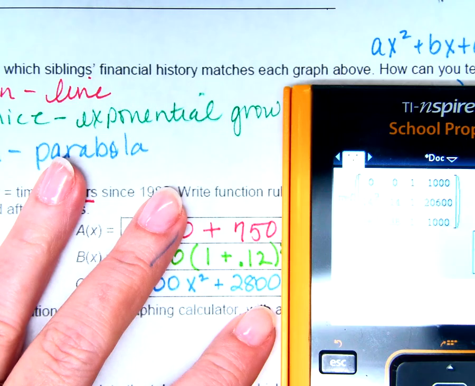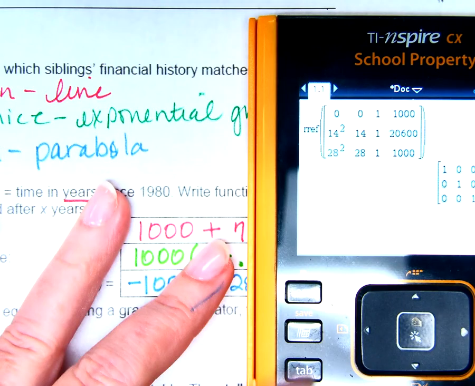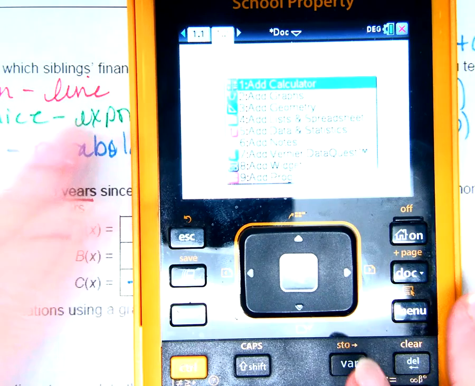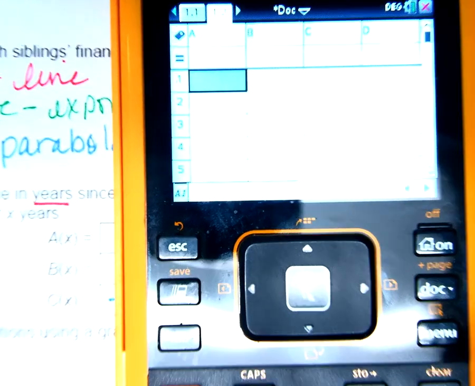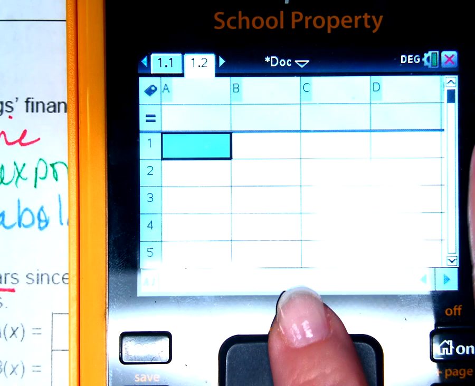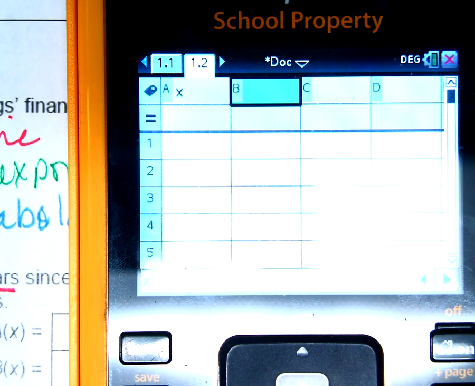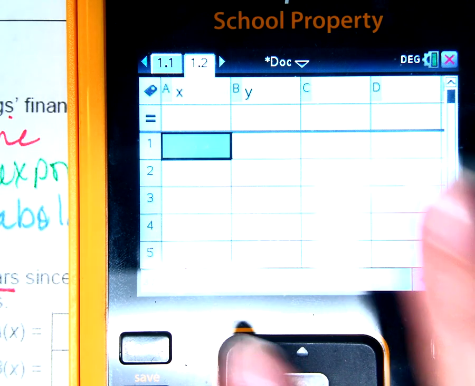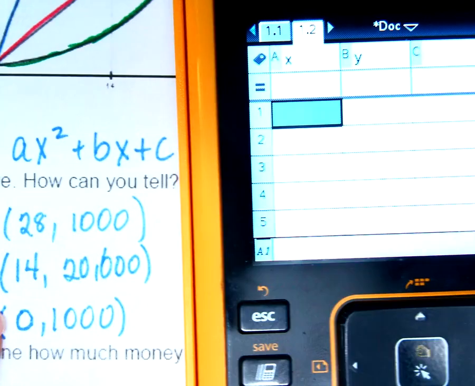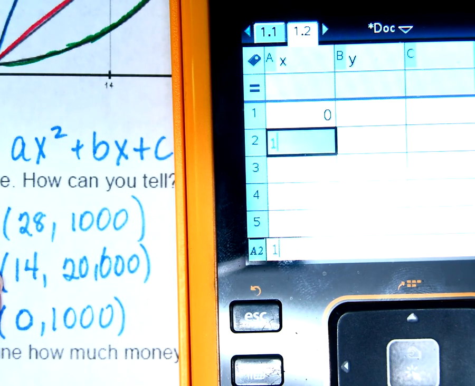Another way we could do this is we're going to add a page that is a lists and spreadsheet. We're going to come up here and call this x. We're going to call this y. And then we're going to look at all our x's: 0, 14, and 28.